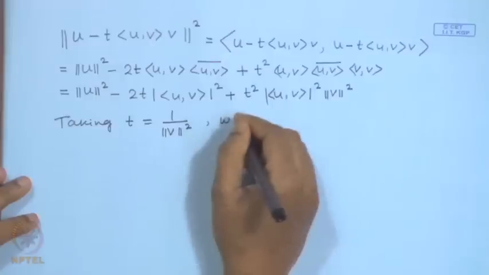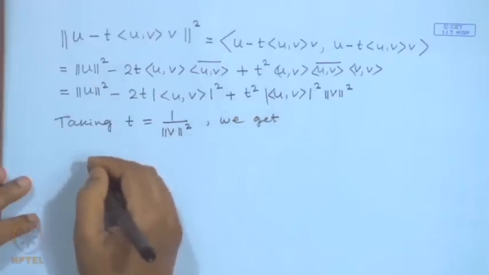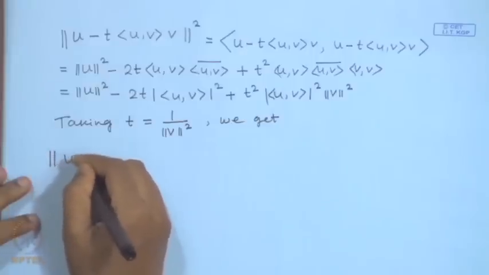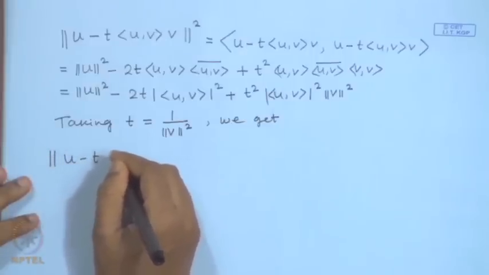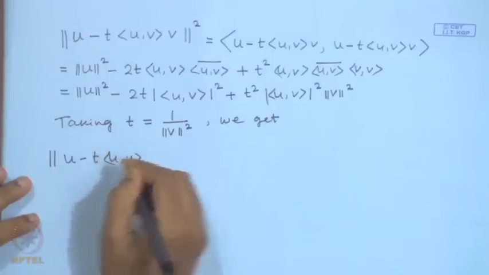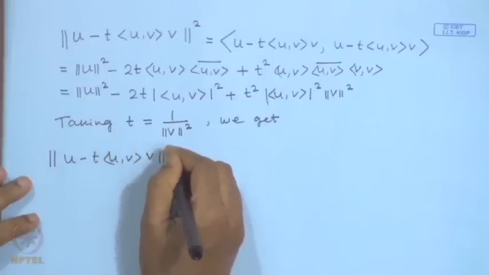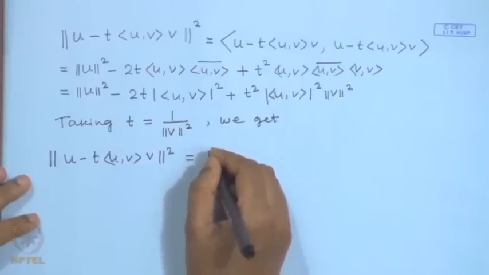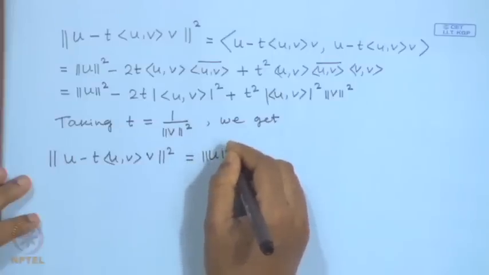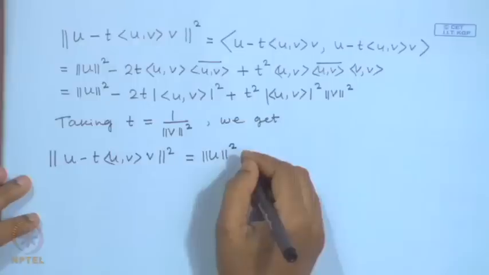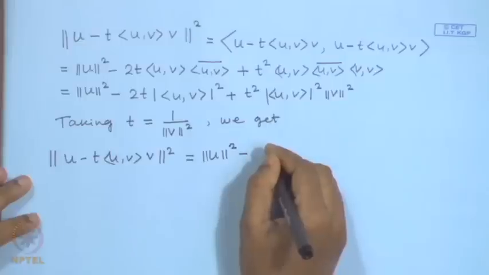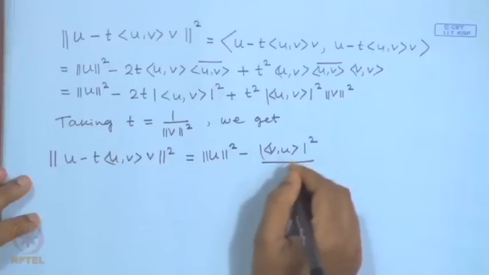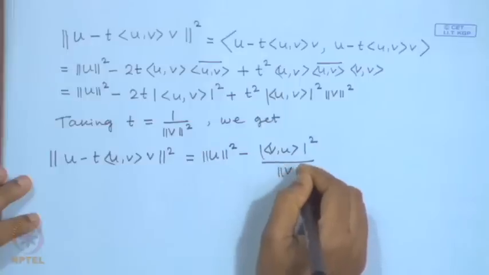and we get this: the square of the norm of u minus t times the inner product of u, v times v, on simplifying, is equal to norm of u whole square minus the absolute value of the inner product of u, v squared divided by the square of norm v.